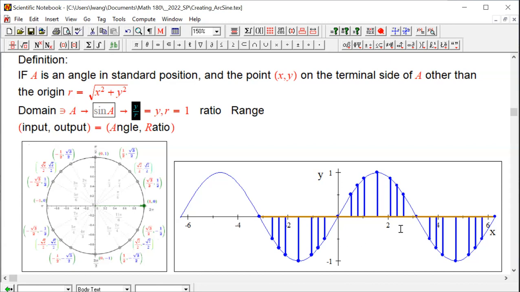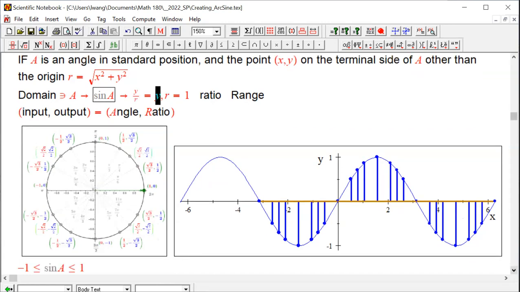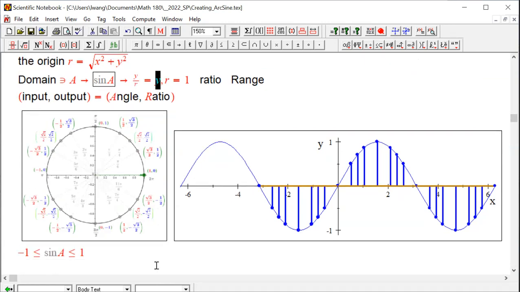On this sine curve is a clear relation between input and output, which is the y-coordinate on the unit circle. So that's a direct relationship. What else have we studied? We studied domain and range.